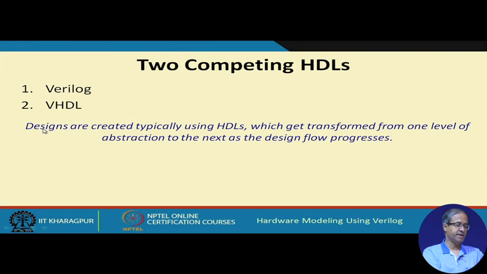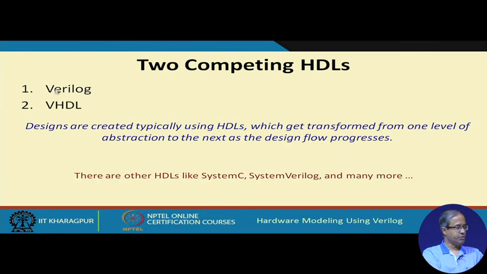You can specify a design in either Verilog or VHDL, and as the CAD tools transform these designs from one level to the next, the transformed design is also expressed in similar kinds of hardware description languages. These are not the only ones, there are other hardware description languages as well. Some of the popular languages are System C, System Verilog and so on, but here in this course we shall be concentrating only on Verilog.